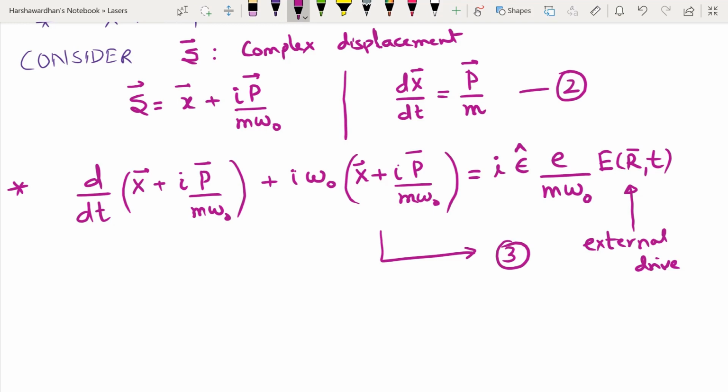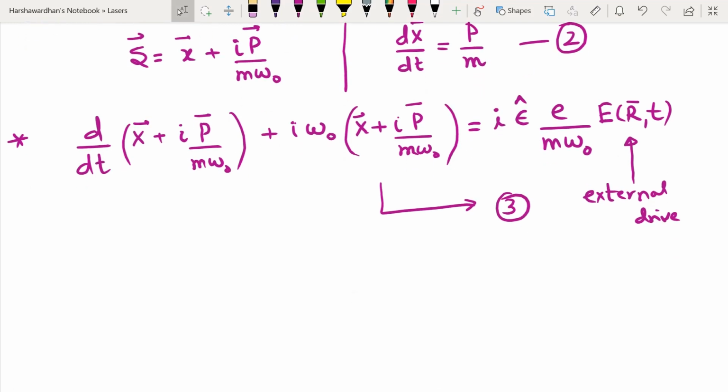If you look at the real part of equation number three, you see that on the right hand side the real part is 0 because my external field was real, and on the left hand side there are only two terms that contribute to the real part. You can check it for yourself: the real part of equation 3 actually implies equation 2.